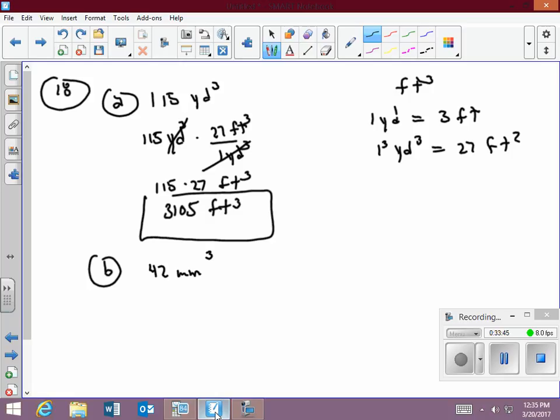How many millimeters in a centimeter? 10 millimeters per centimeter. So then what do you have to do? Cubic, you're going to have 3 zeros, aren't you? 1,000 millimeters cubed is 1 centimeter cubed.